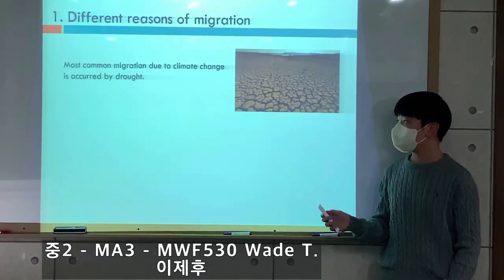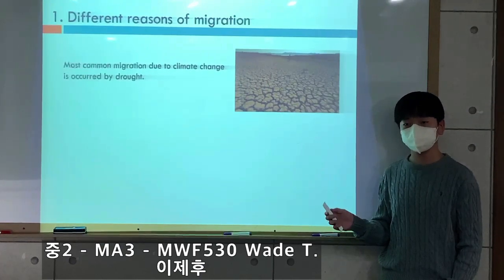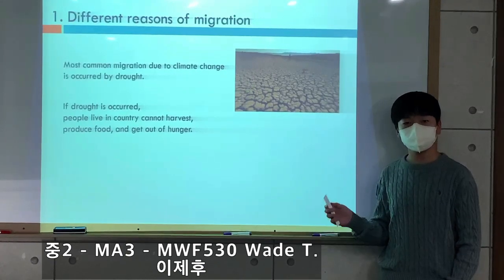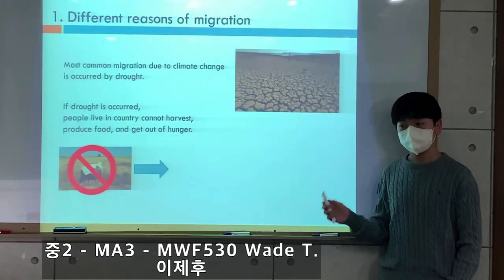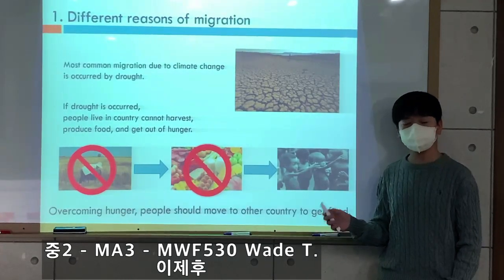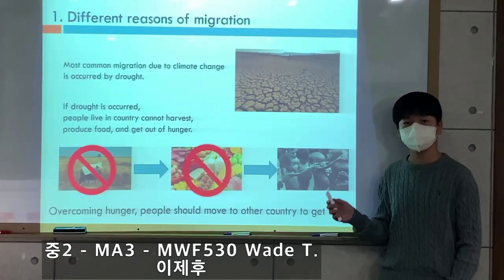Most common migration due to climate change is caused by drought. If drought occurs, people living in a country like Africa cannot harvest or produce food, and cannot get out of hunger. Overcoming hunger, people should move to other countries to get food.